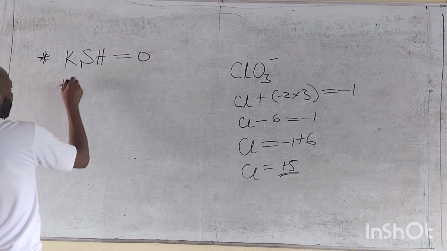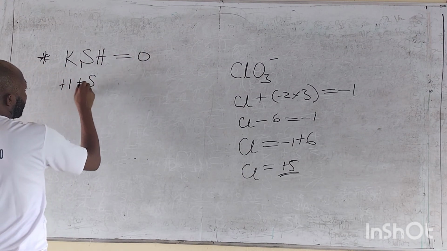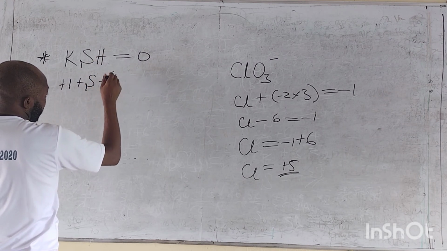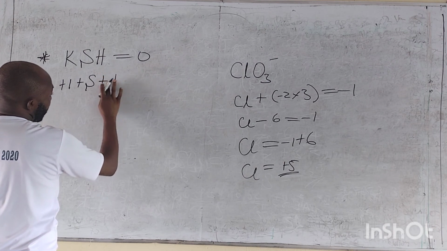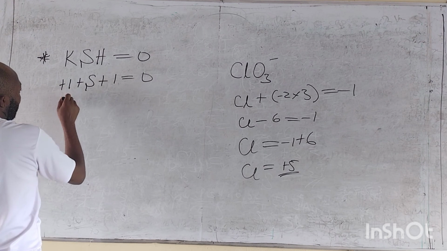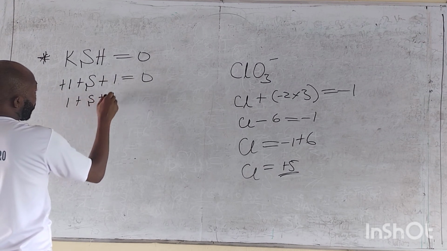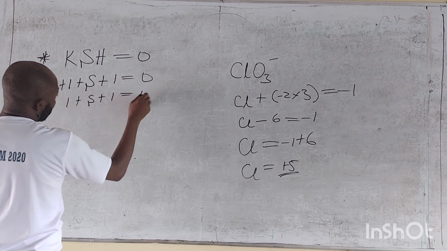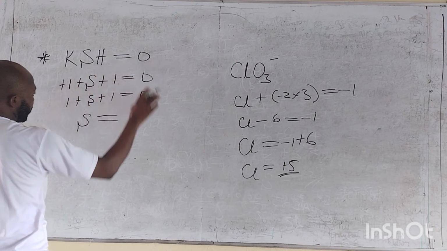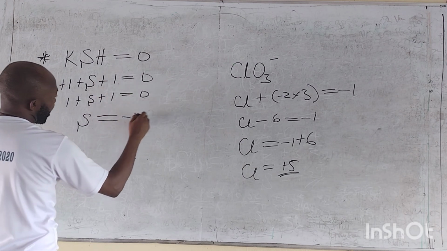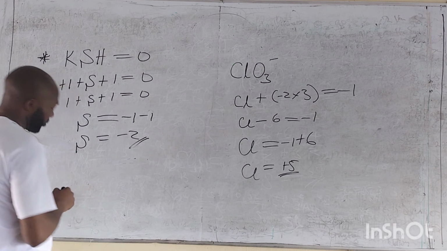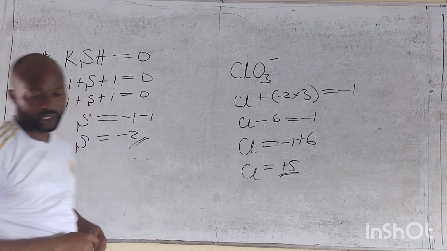Potassium is plus 1, plus sulfur, which we are looking for, plus hydrogen, which is plus 1. All this is equal to 0. 1 plus x plus 1 is equal to 0. Make x the subject. This crossover becomes minus 1. This crossover becomes minus 1. Sulfur is equal to minus 2. There we go.